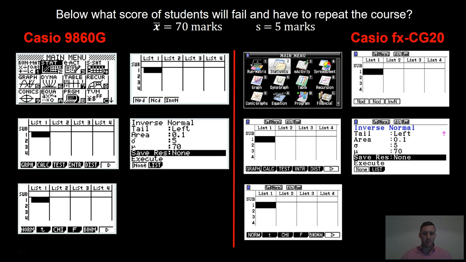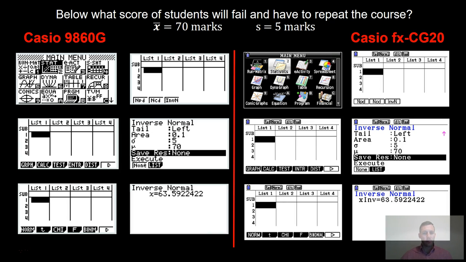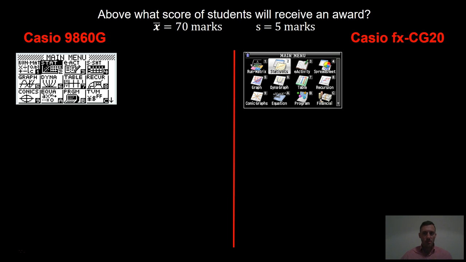Enter the standard deviation and mean, then arrow down and execute and calculate. Now we're given the cutoff score, which is approximately 63.59. Therefore, to fail, you would have to score below 64 in the exam. I've rounded that up.